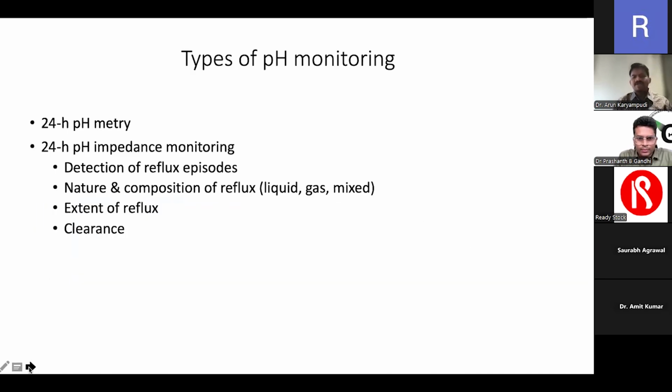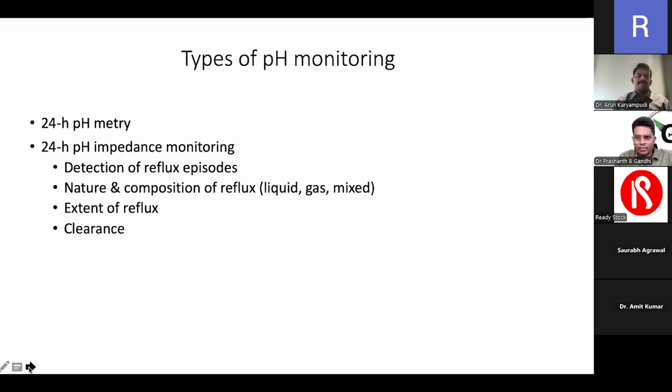This is a very important investigation that we usually do to crack some of the difficult cases that we see in our practice, especially those who come with suspected GERD, in atypical cases where we are not sure what's really happening.